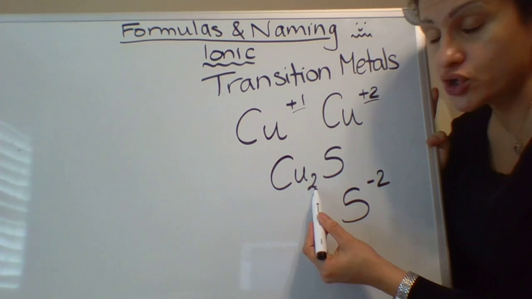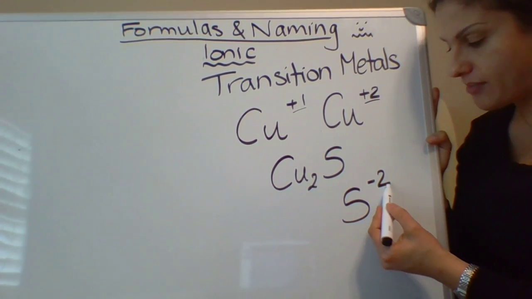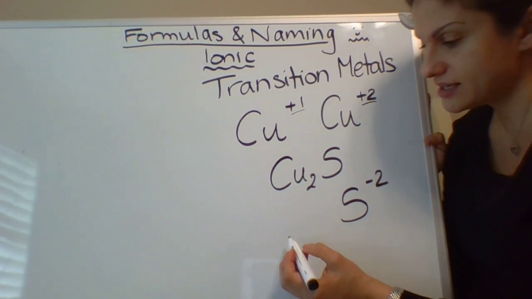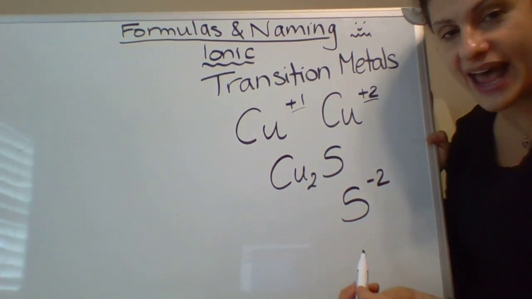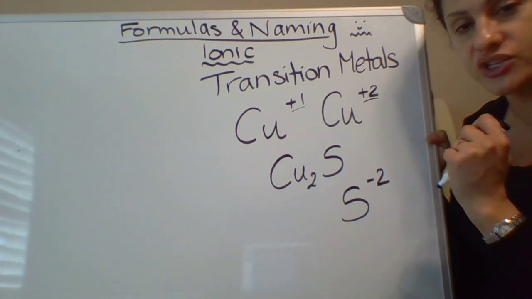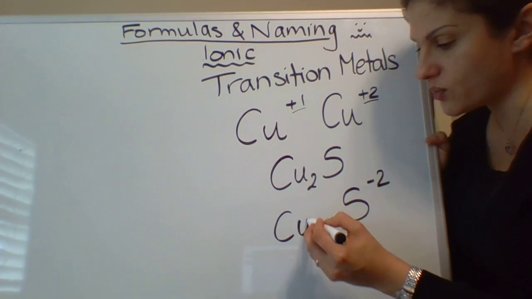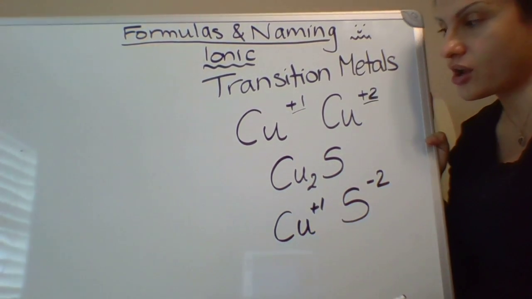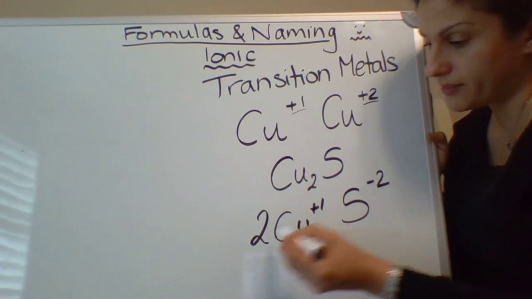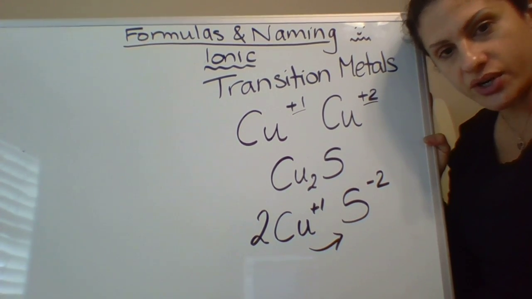I have 2 copper atoms to balance out my -2 charge. So in this case, what charge does copper have to have if I need 2 of them to balance out a charge of -2? That means I am dealing with copper having the +1 charge, because 2 of them would then balance out my -2 charge.